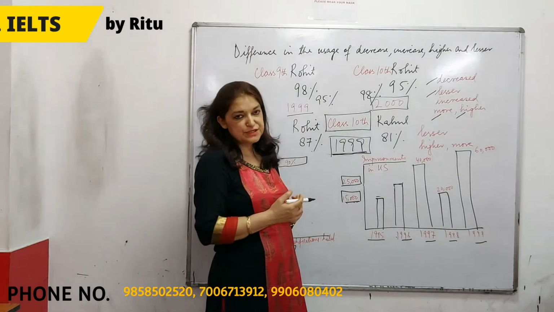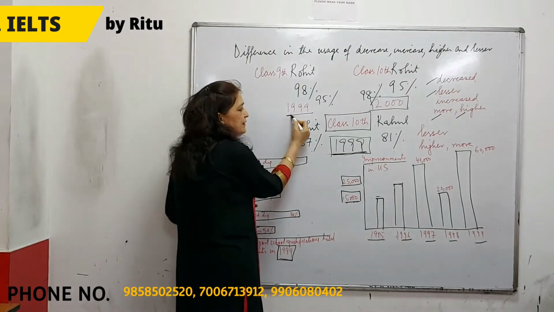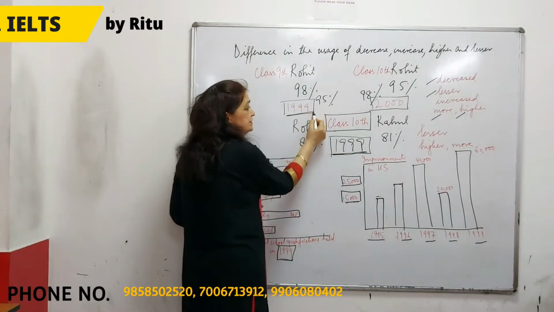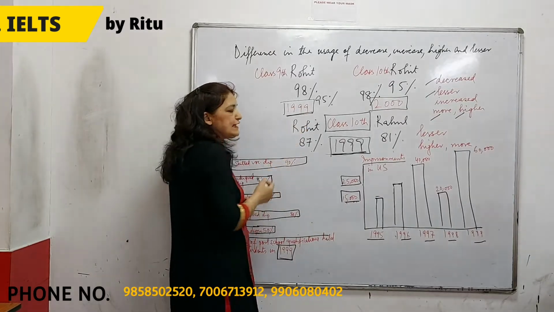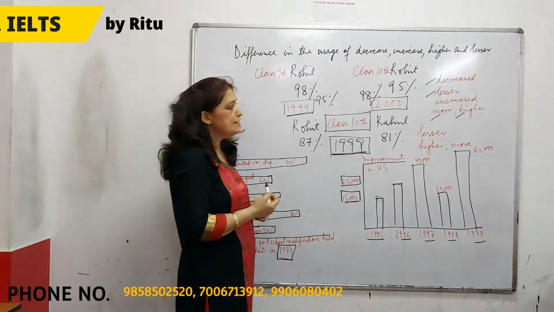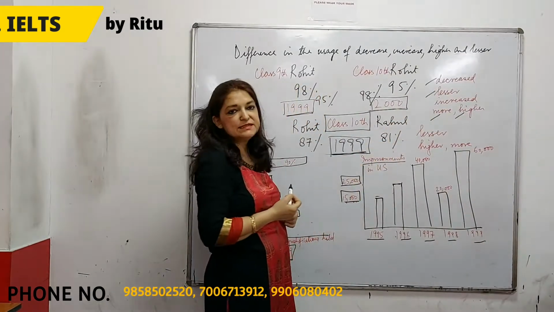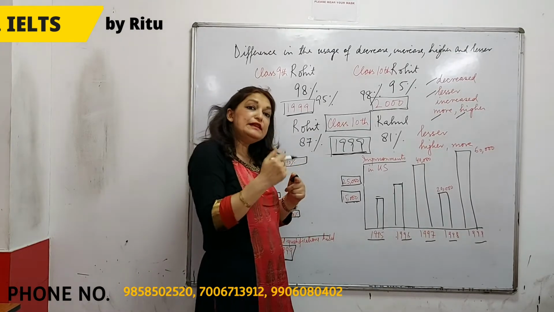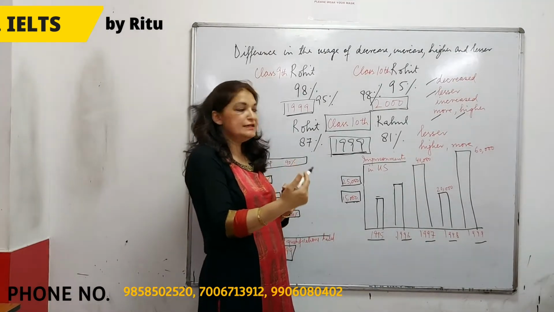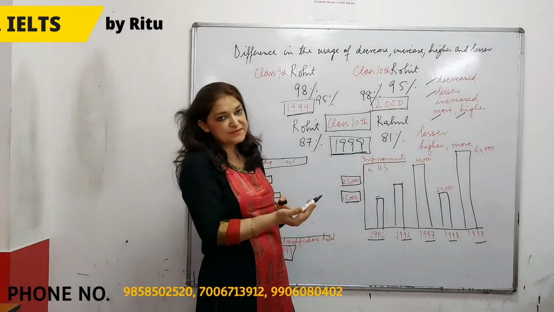What is the situation? The situation is that this is talking about two different years. When he was in class 9th, the year was 1999. When he got promoted, the year also changed. The year was 2000. So it means when the time gets changed, we can use all these words when we are describing our graphs.